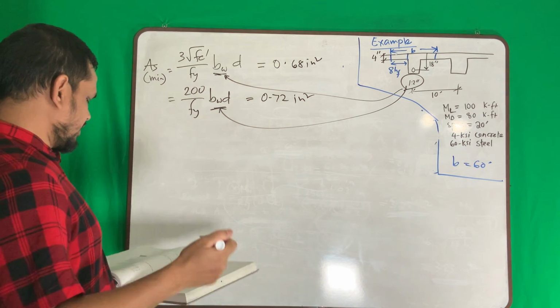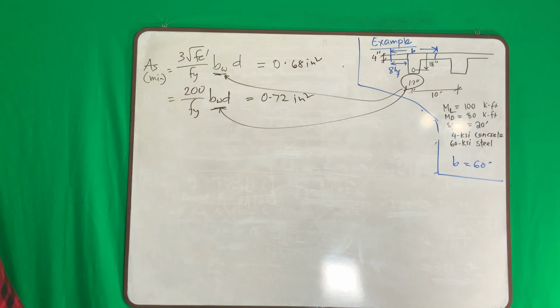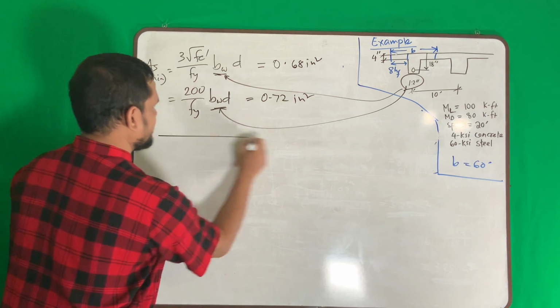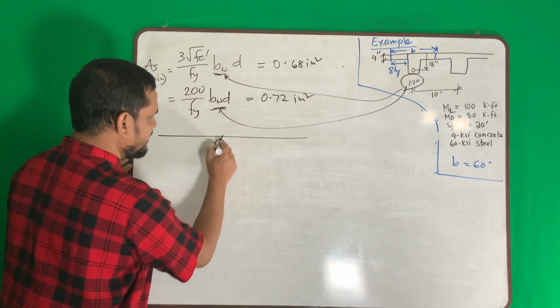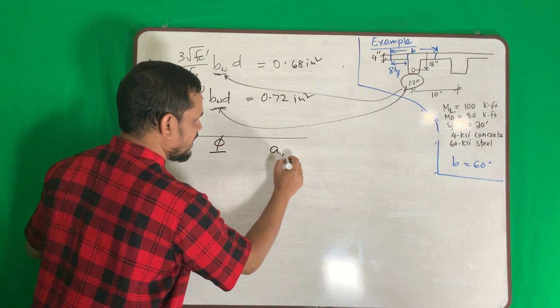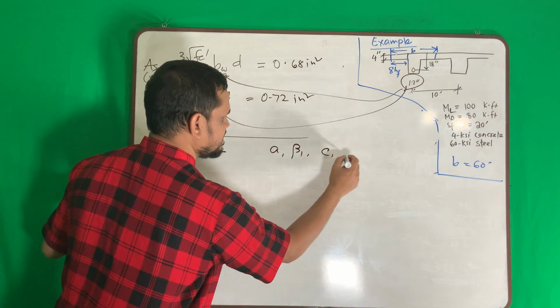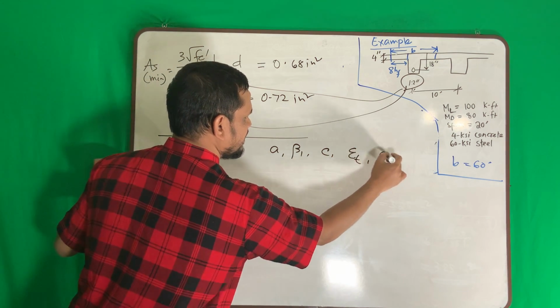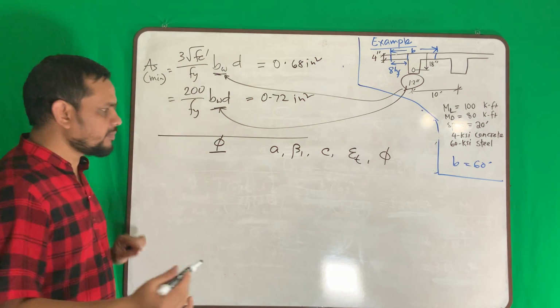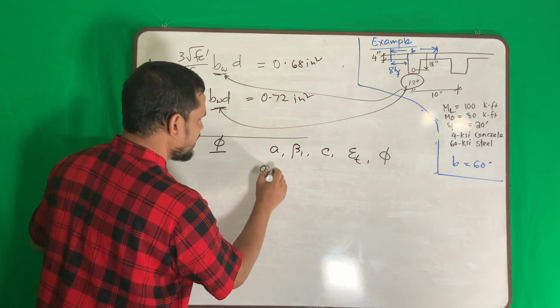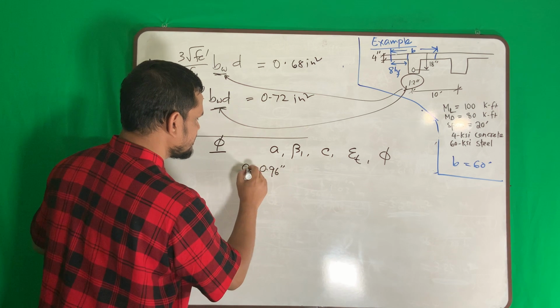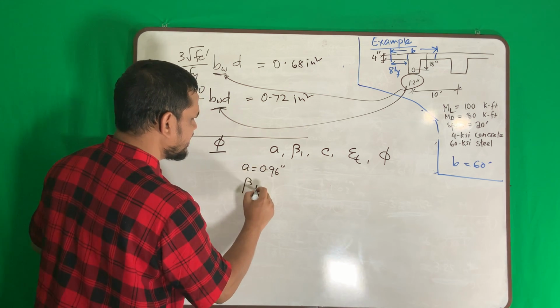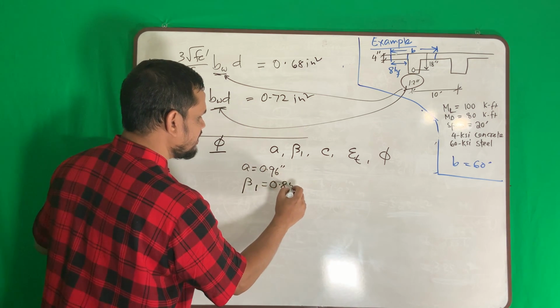Okay, how to find phi? If I go quickly, okay, the steps to find phi: you have to find A first, then beta 1, then C, then epsilon T, then phi. If you can remember, A we found 0.96. So A is done. What is beta 1? Beta 1 is 0.85.